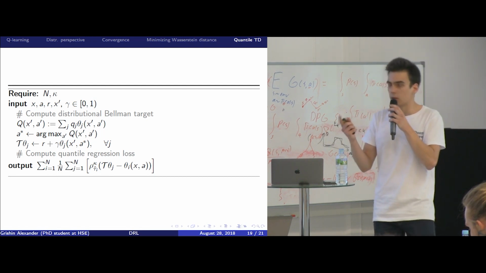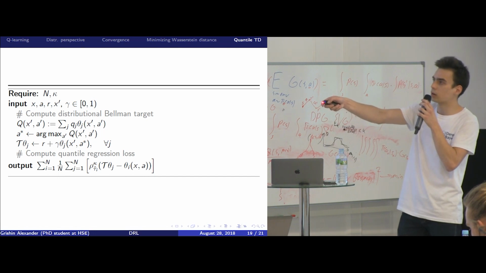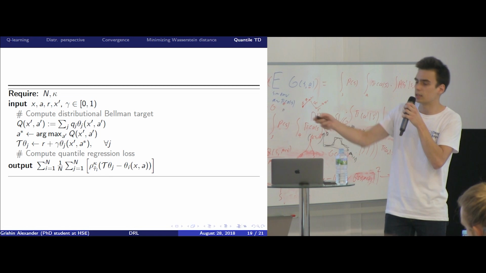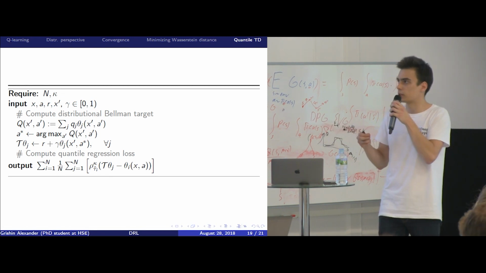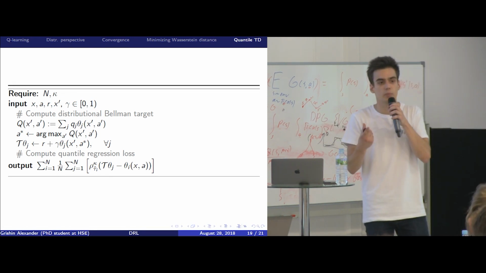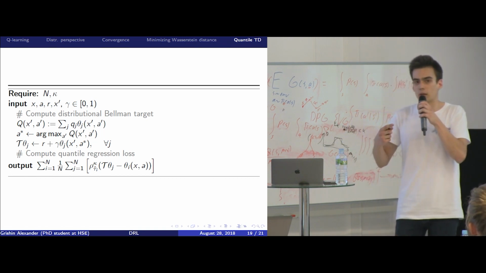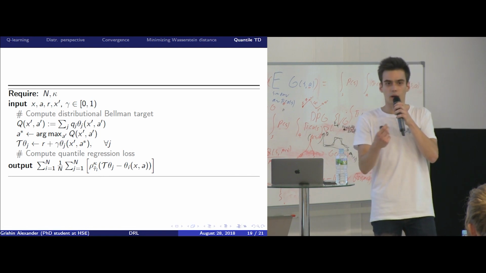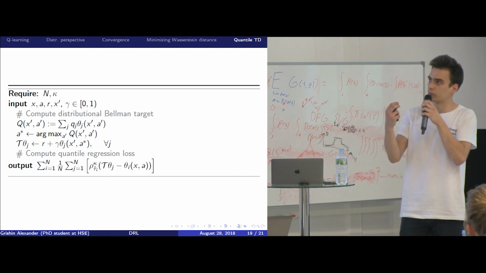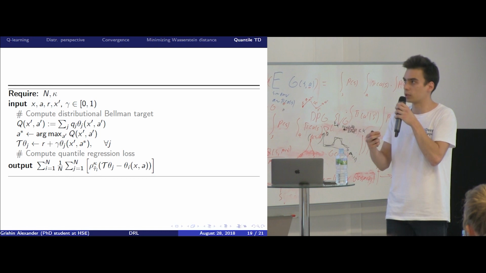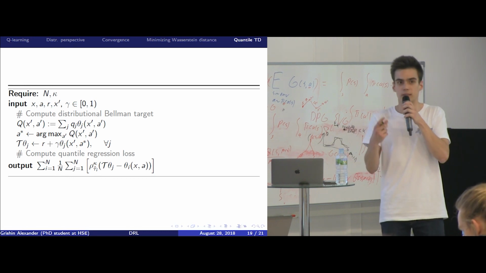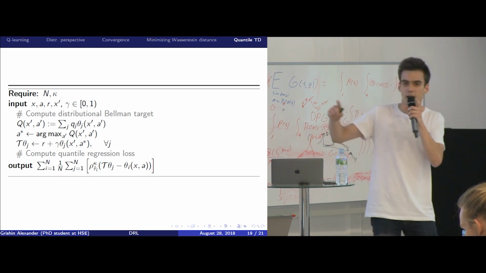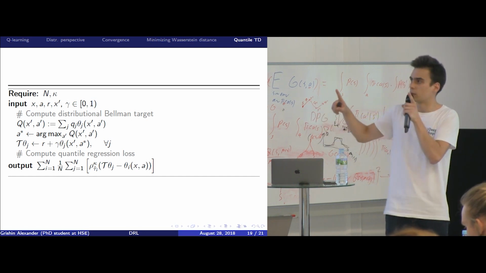And then, using the sample R, we update each theta i just like if we have n samples, because we consider our reward, our sample of reward, as n samples using n quantiles.